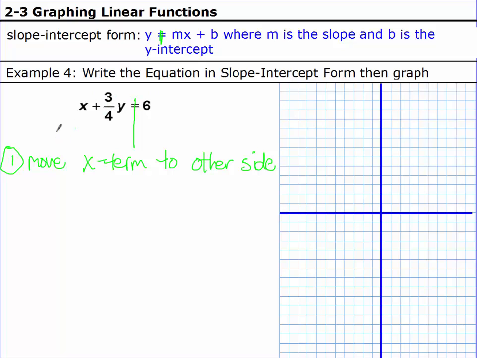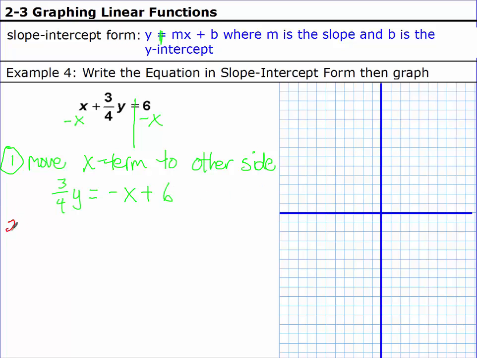So we need to make that happen by moving the x term over here. Since it's a positive x, I do that by subtracting x from both sides. I get 3/4 y equals, and I like it to be in the same order, mx, x first, then b. I can't combine those because they're not like terms, so I'm going to write negative x plus 6.